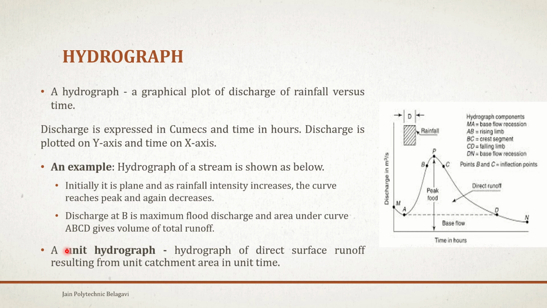We will specify that time and the catchment area. Within that, whatever storage or runoff has happened, we will collect the data and submit it to the department, and that hydrograph we call the unit hydrograph.